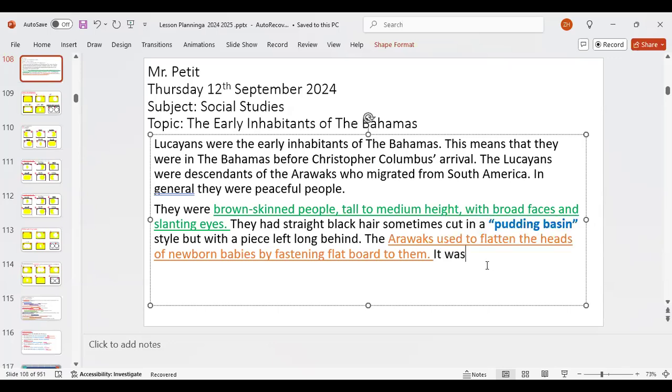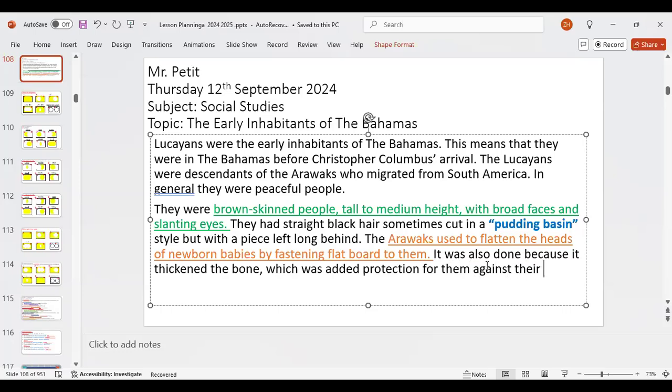It was also done because it thickened the bone, which gave added protection against their vicious enemies.